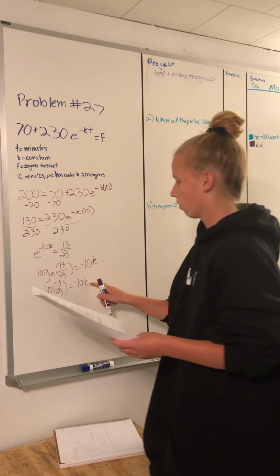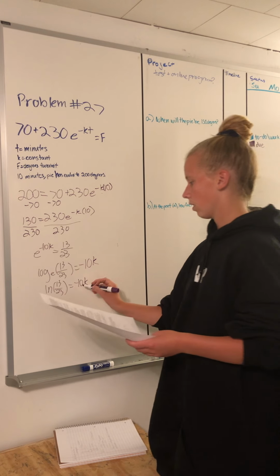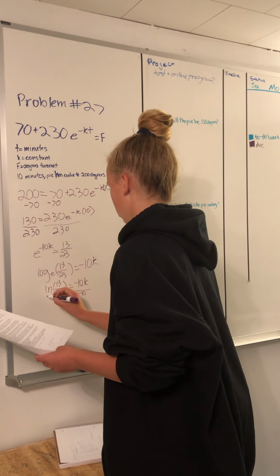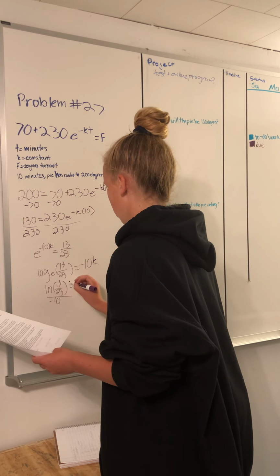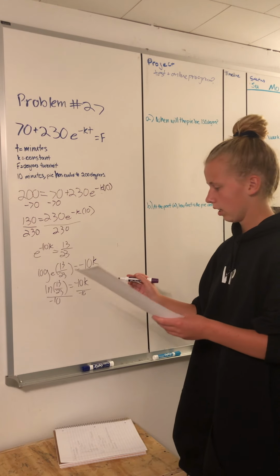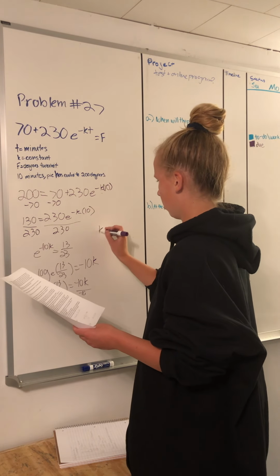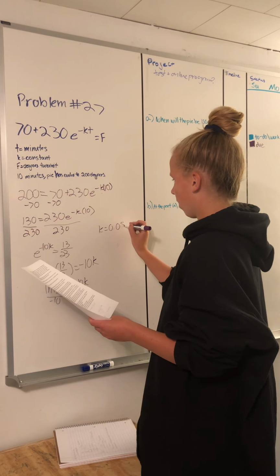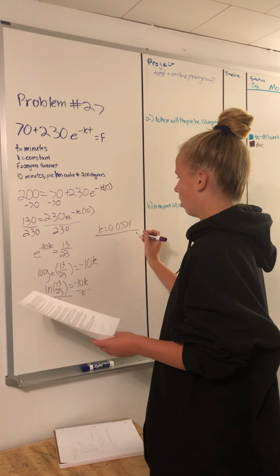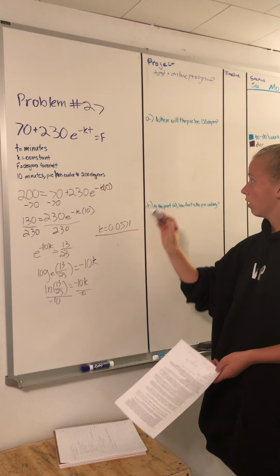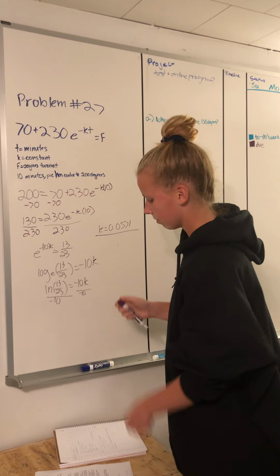And then since we're solving for k, we can divide both sides by negative 10. And then we get k equals 0.0571. And so then we can use that k value when we solve A.